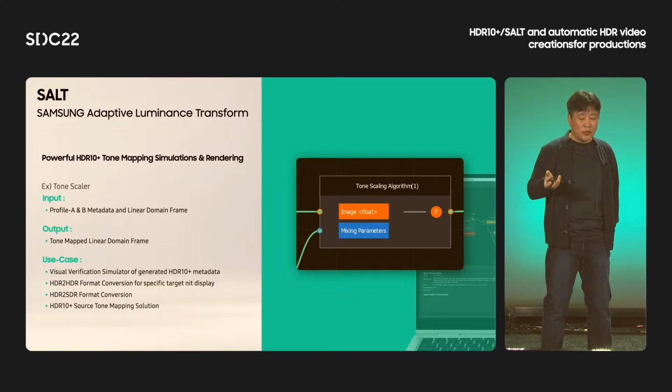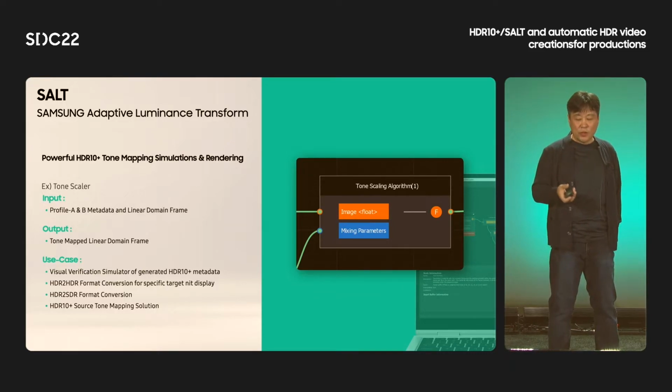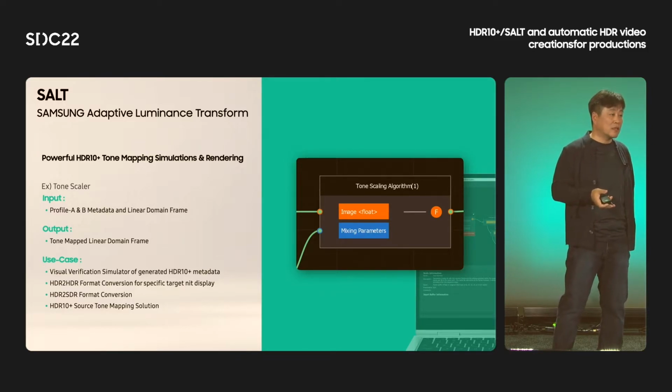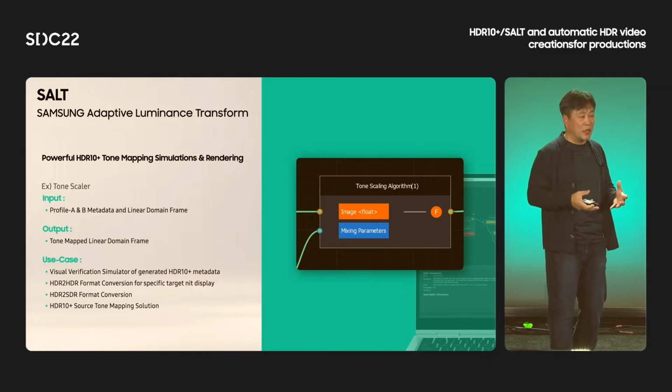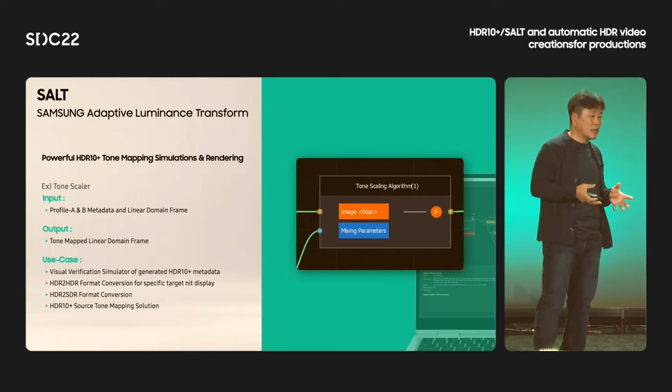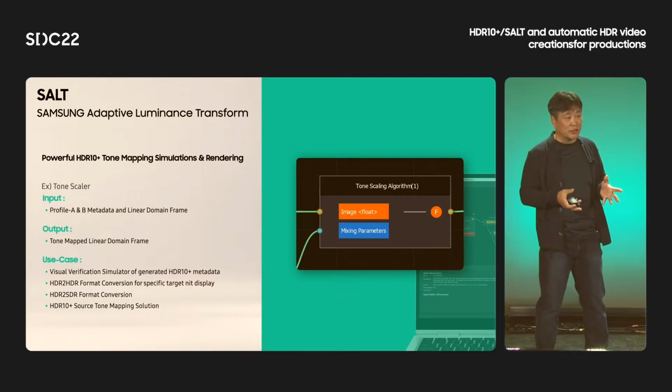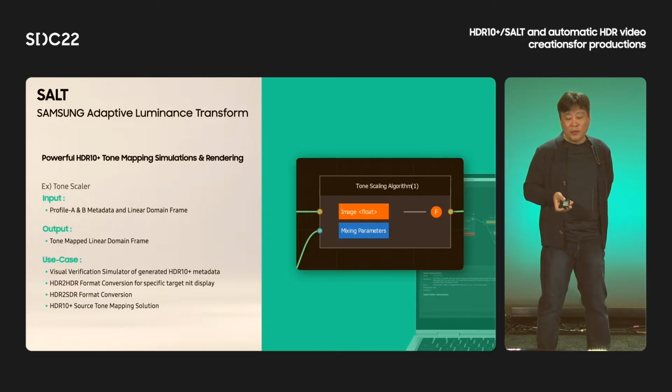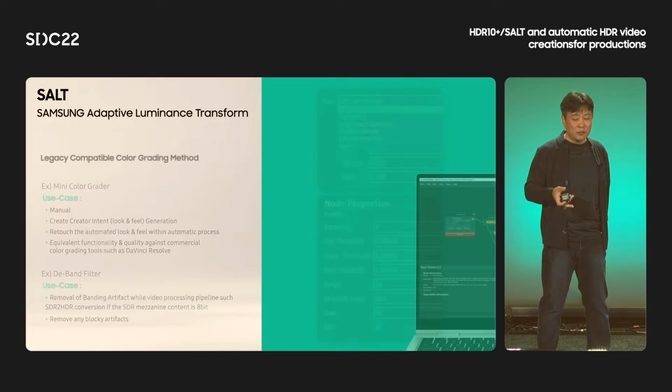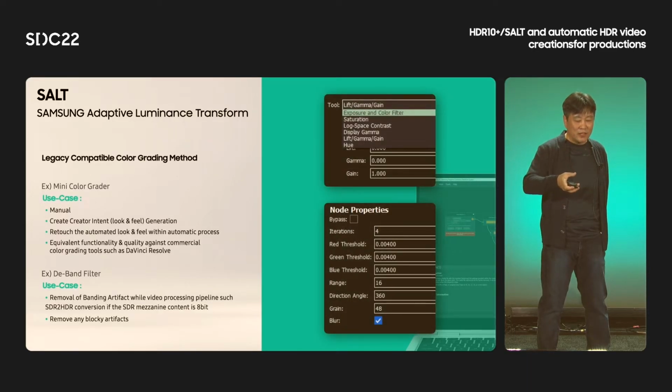So this is one example of the SALT solution's algorithms. It has a scaling algorithm, because a lot of SDR content was developed only for 2K, like SDR resolution, right? So definitely you need the scaling. The scaling here means tone scaling and also resolution scaling.